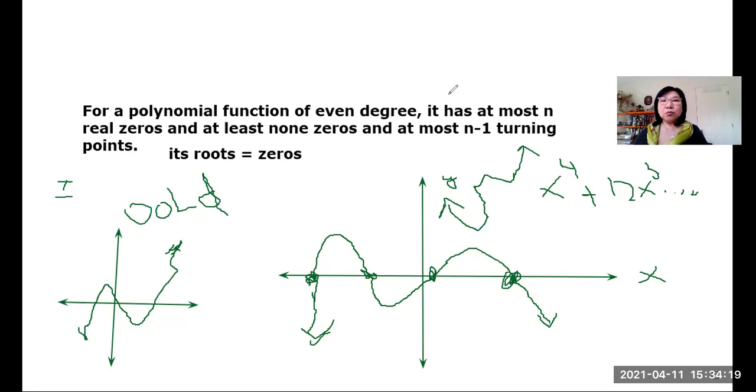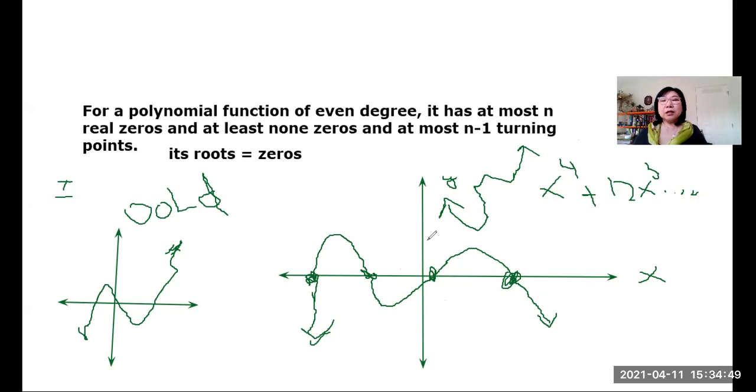Therefore, the words at most: it has at most n real zeros and at least none. What does at most n real zeros mean? If this function is of degree 4, x to the power 4, then at most the zeros of it are x1 here, x2 here, x3 here, and x4 here.